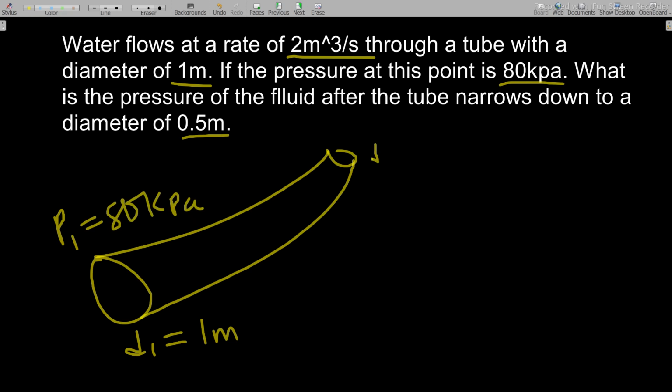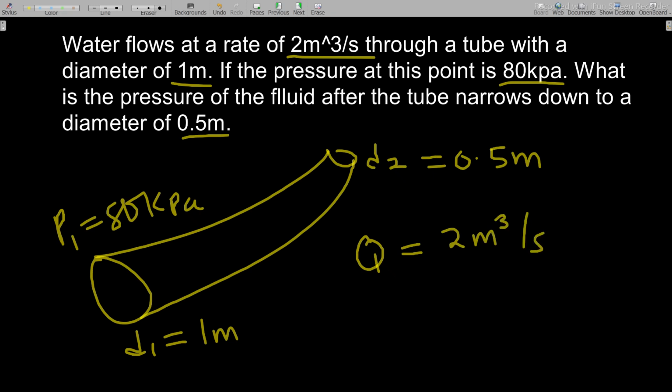Now the diameter at the second point is equal to 0.5 meters. And we are saying that the volume flow rate of the water, the discharge, is equal to 2 meter cube per second. Indeed, the discharge was happening at point 1, but the discharge will be the same for all the points. I will show you why.